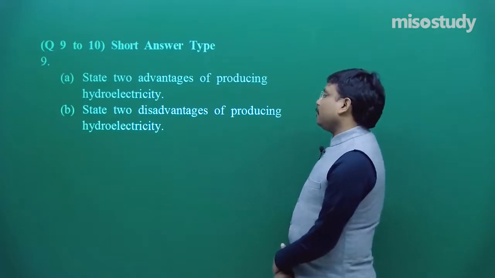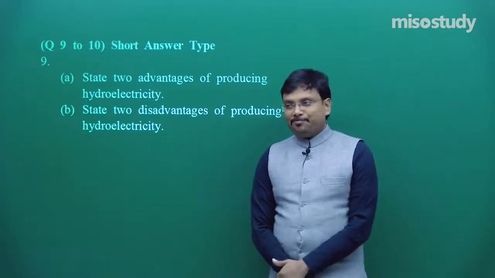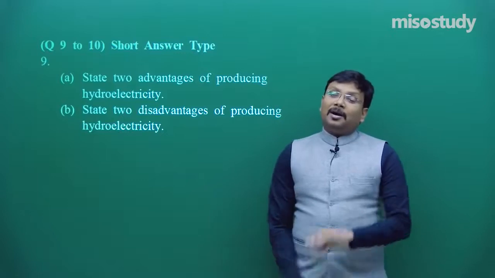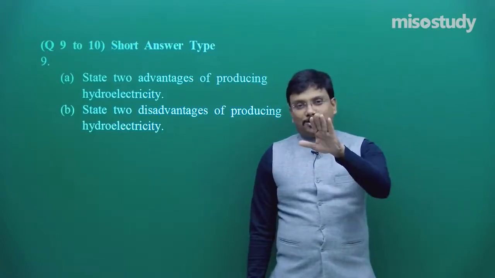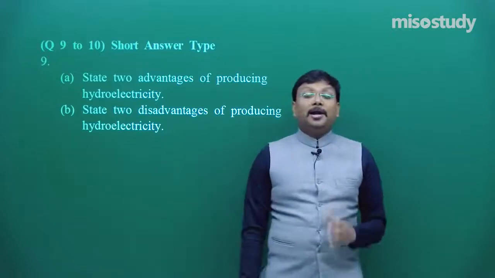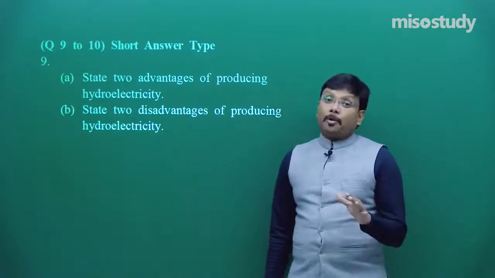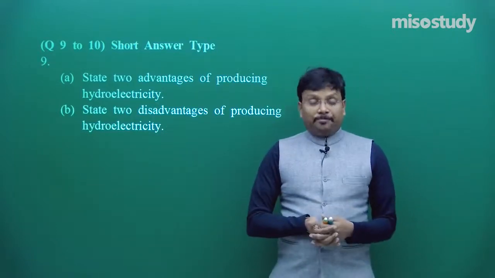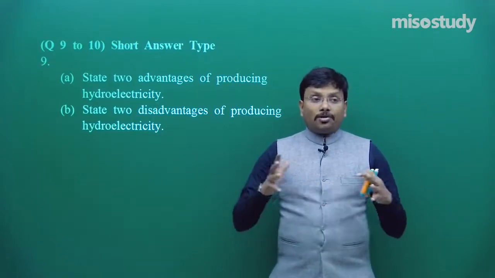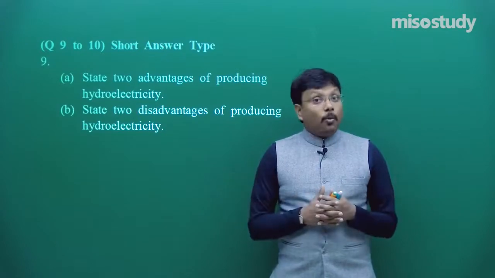State 2 disadvantages of producing hydroelectricity. Well, with every positive thing, some negative aspects are also associated, and this is something that I explained to you during my videos very properly. 2 disadvantages. Number 1, loss of flora and fauna. Why?